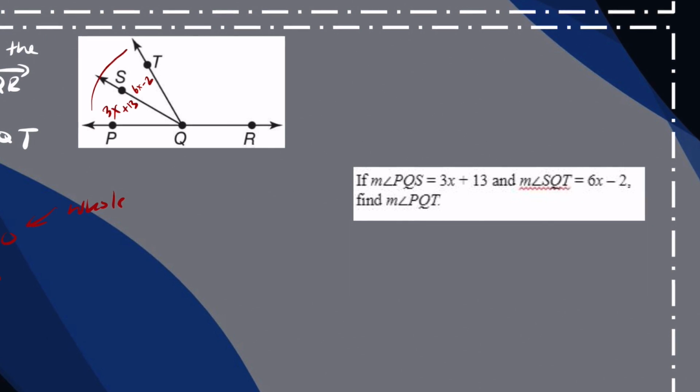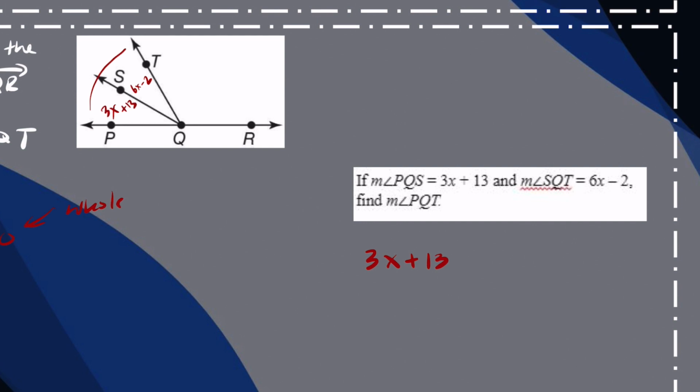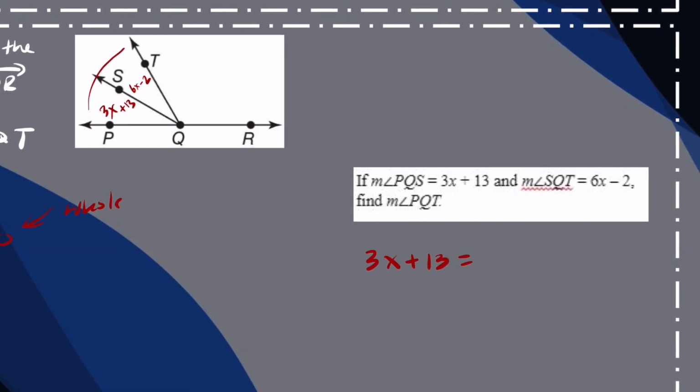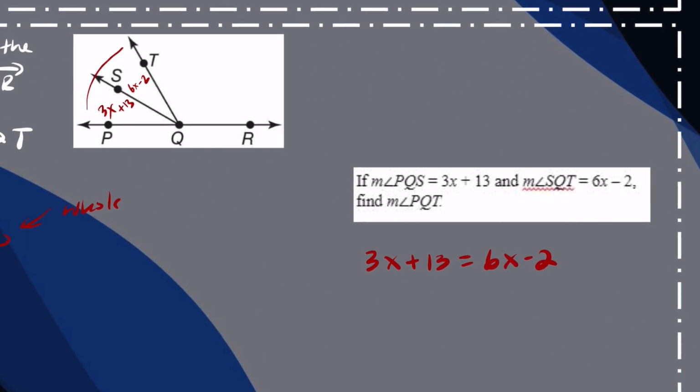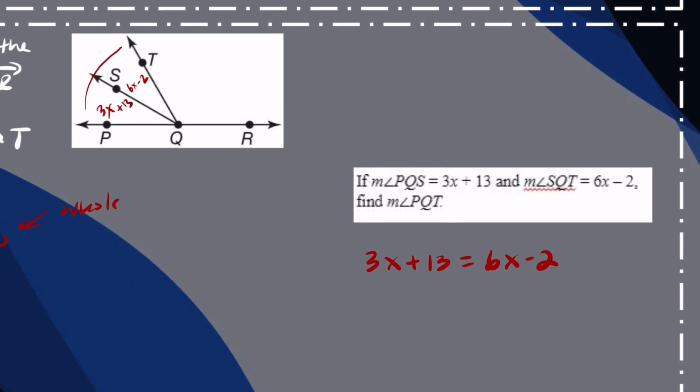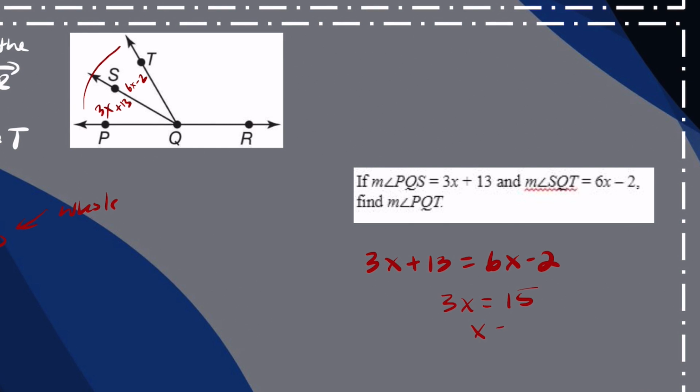So you have 3x plus 13, and then you equal that to 6x minus 2. And then you can go ahead and start combining like terms. You will get, let's say, 3x is equal to 15, therefore x is equal to 5, right?